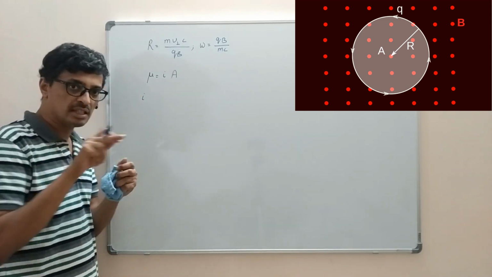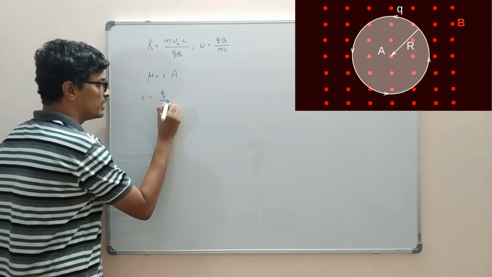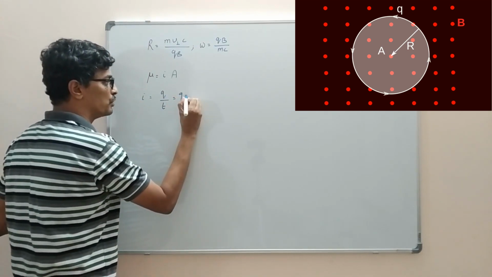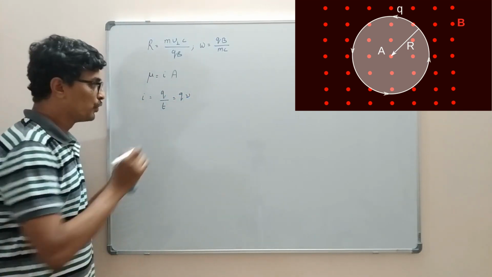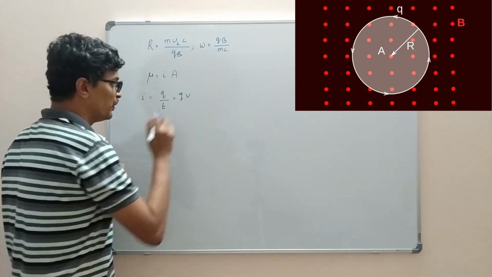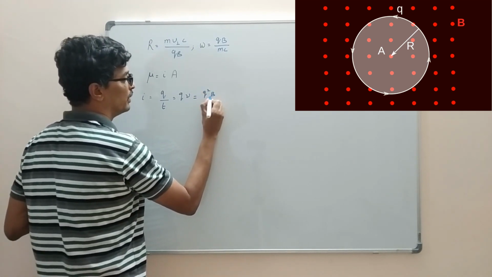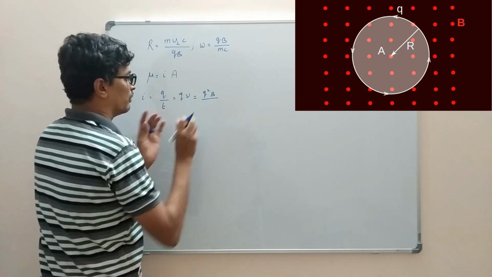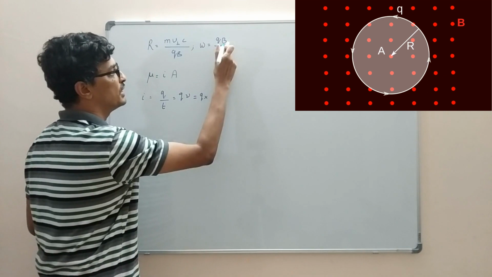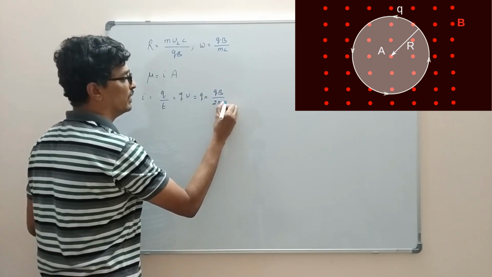So I equals the charge Q by T. Now 1 by T I can always write as Q into frequency. This is the frequency, this is angular frequency, and both are connected by 2 pi. I will write one more step so that you can see: Q into nu is equal to this divided by 2 pi, QB divided by 2 pi MC.